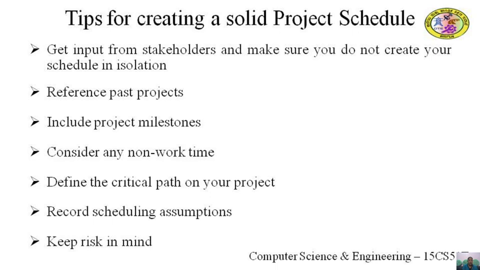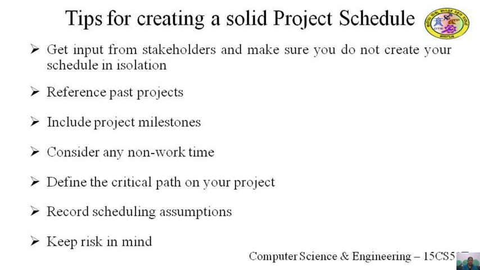You can consider any non-work time. For example, making sure vacations and holidays are reflected in the schedule will help you in not assuming people will be working when they are actually not. You can define the critical path on your project. Identifying your project's critical path allows you to prioritize and allocate resources to the most important tasks in the project.